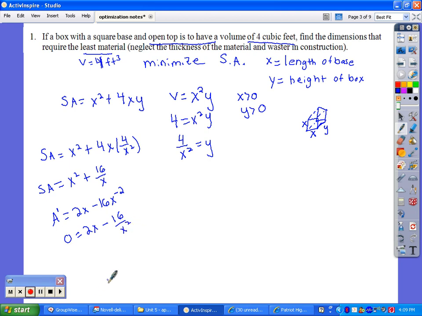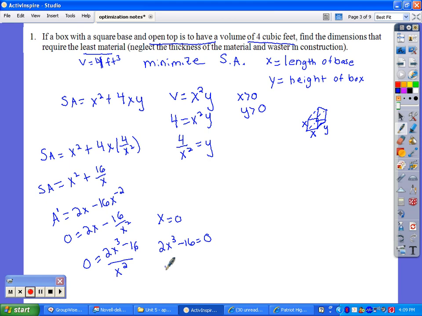And then we can get a common denominator, so this needs to be multiplied by x squared, so I have 2x cubed minus 16 over x squared. And so my critical points are going to be x equals 0, and then I'm going to set 2x cubed minus 16 equal to 0.